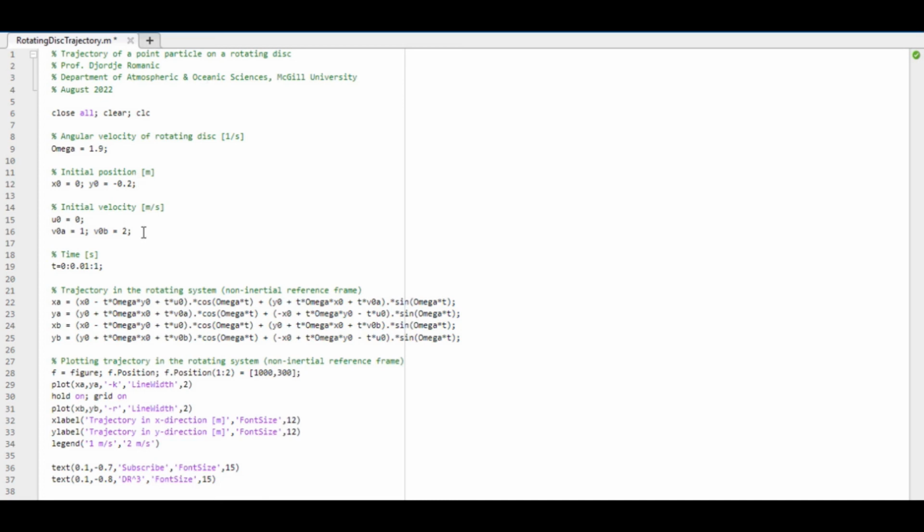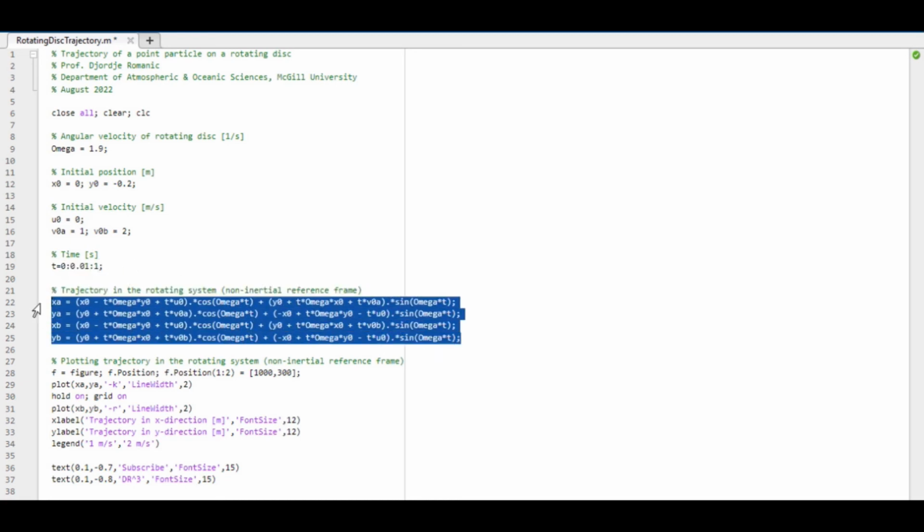We will analyze two different initial velocities, and in both cases the u component of the velocity is the same, but the v component has the magnitude of 1 or 2 meters per second, two different cases. And we will investigate the motion of this particle over the time period of 1 second.